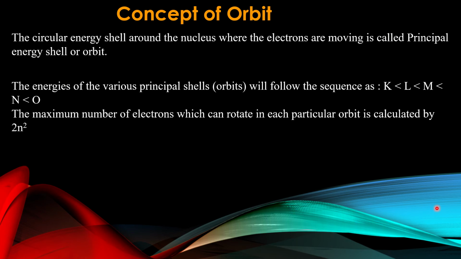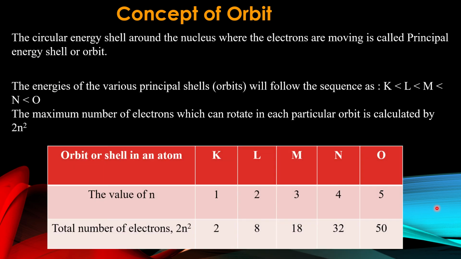And the maximum number of electrons which can rotate in each particular orbit is calculated by the 2n square formula. That means the electron holding capacity of different orbits is calculated by the 2n square formula. For K shell, when the value of n is 1, the maximum electron holding capacity of this shell is 2 into 1 square, that is 2.